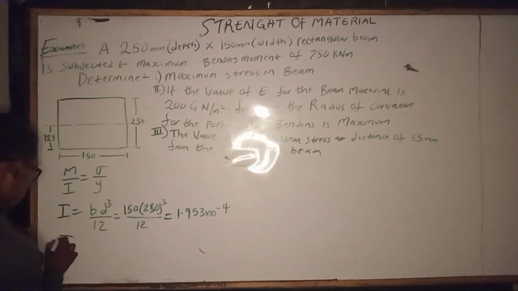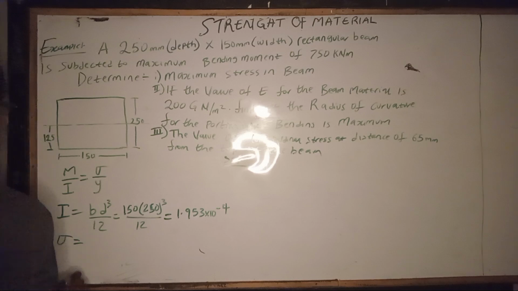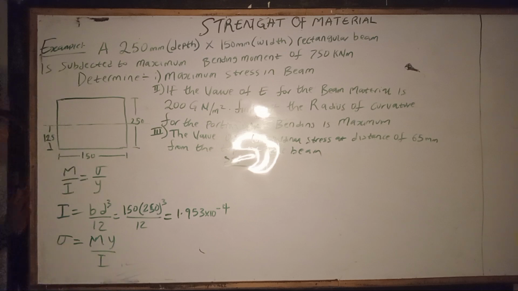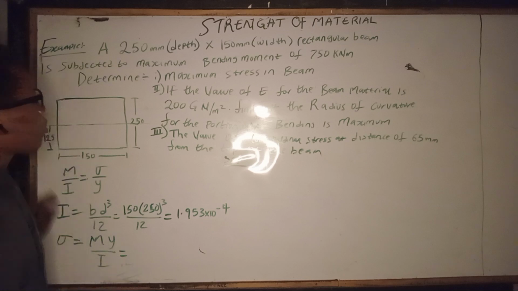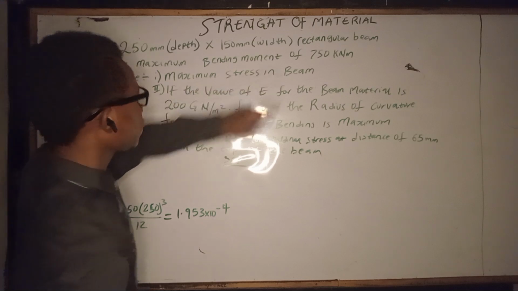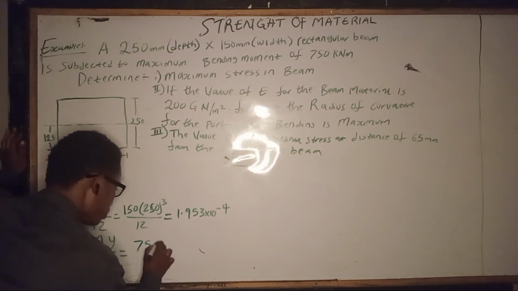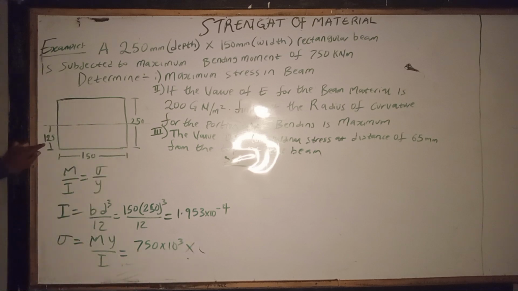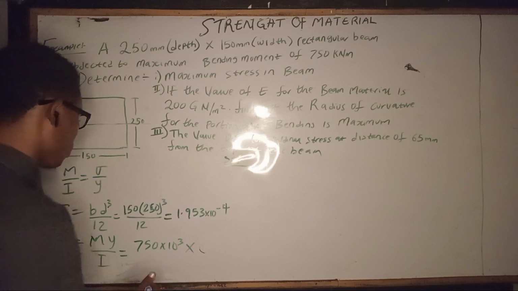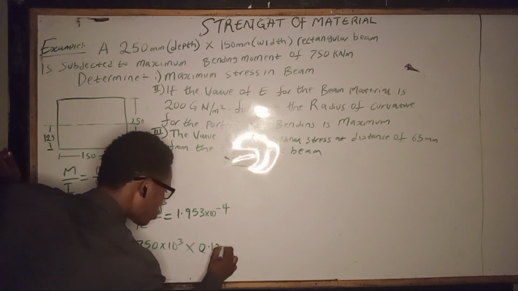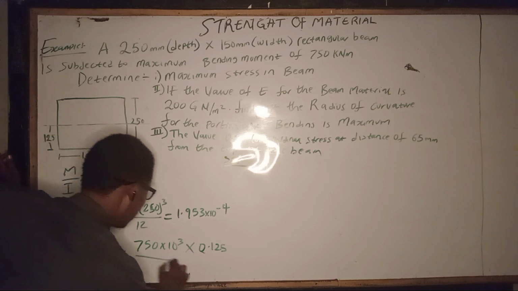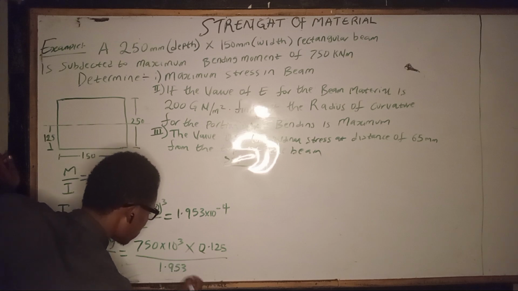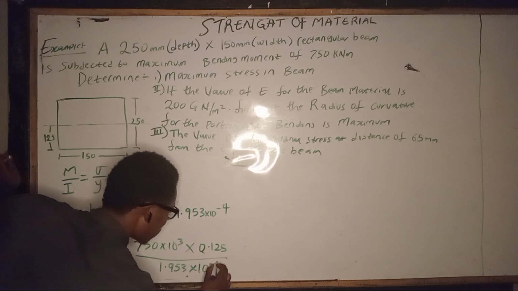Now to get the stress, sigma would be equal to M times y all over I. That is equal to 750 times 10 raised to the power 3, then our y, which is 125, we have to convert to meter form, which is 0.125, divided by our I, which is 1.953 times 10 raised to the power minus 4.